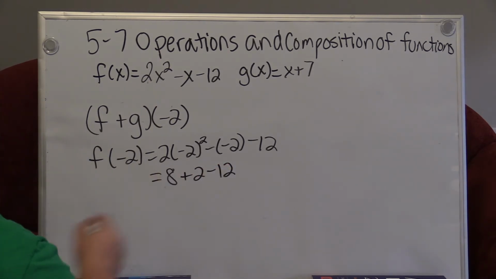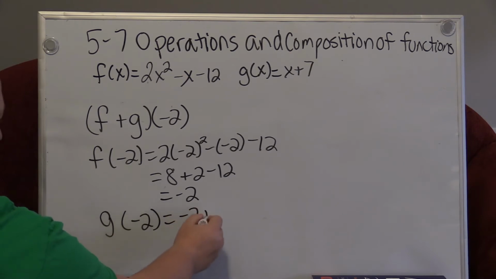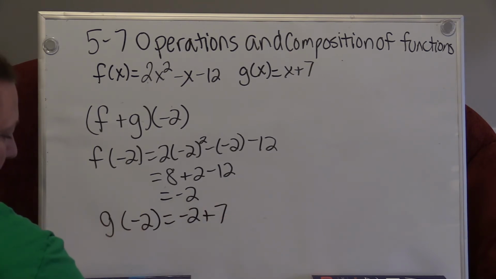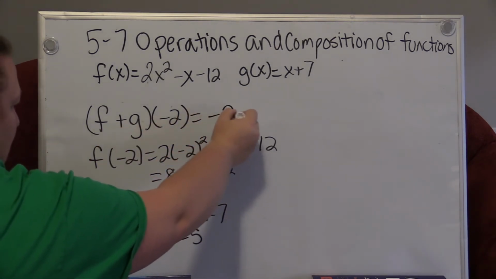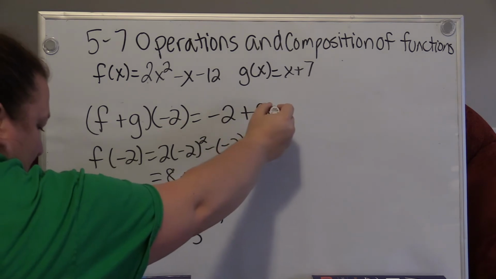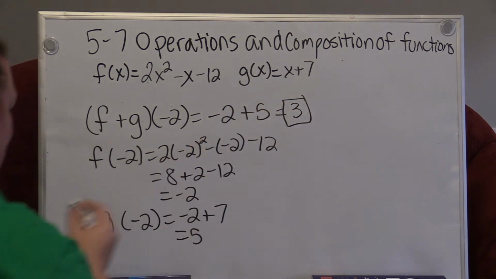And here I get negative 2. And then when I find g of negative 2, I have negative 2 plus 7, which is just 5. Remember up here we're adding, so it's negative 2 plus 5 is 3, and that's my final answer.